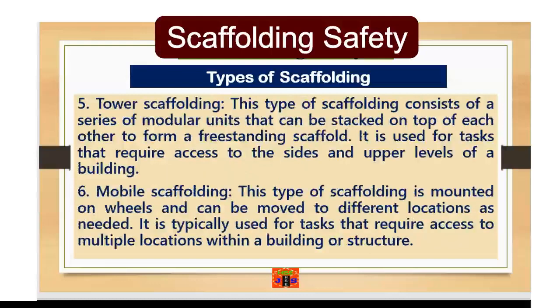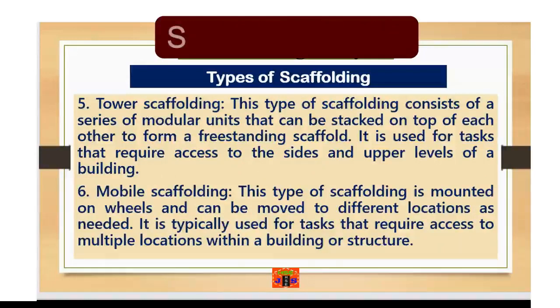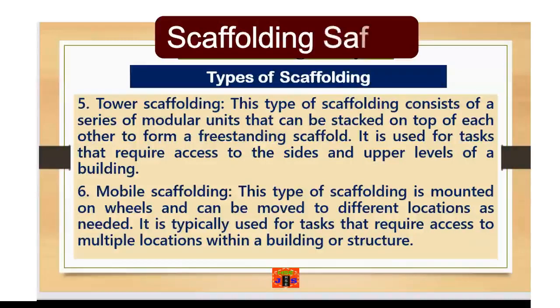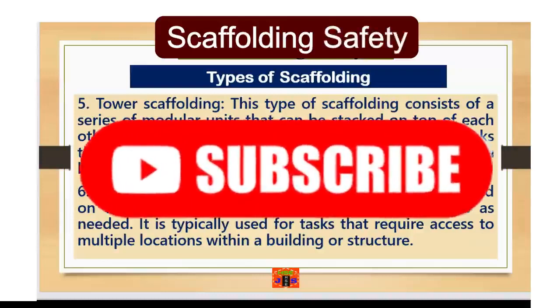Scaffolding type number 5, tower scaffolding. This type of scaffolding consists of a series of modular units that can be stacked on top of each other to form a freestanding scaffold. It is used for tasks that require access to the sides and upper levels of a building.